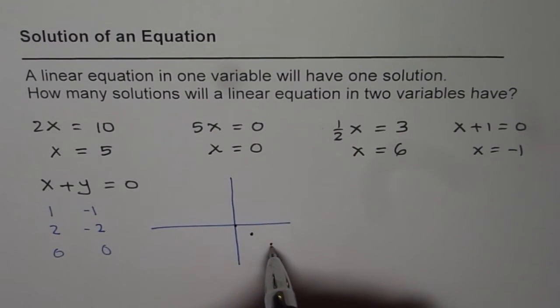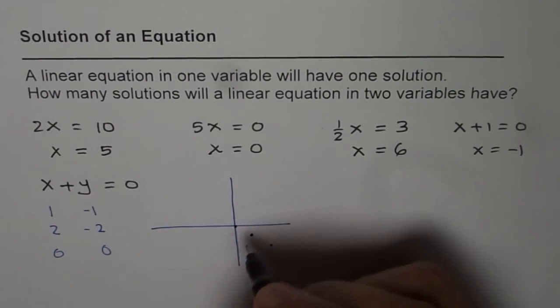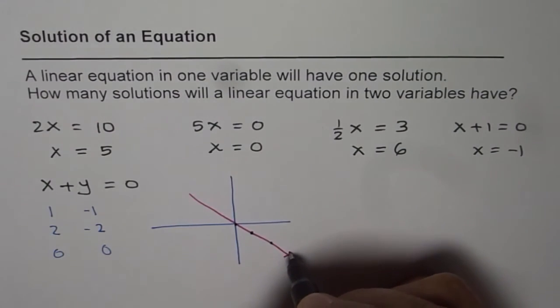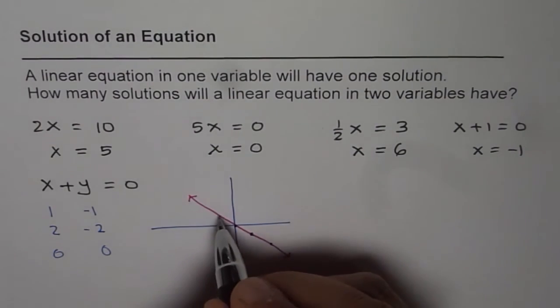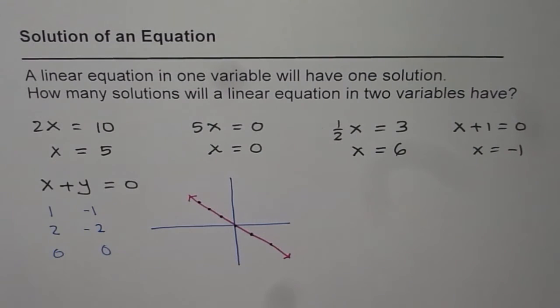We find that all these points are in a line, correct? So if I join them, what do I get? I get a straight line, kind of like this, right? And every point on this line is a solution.